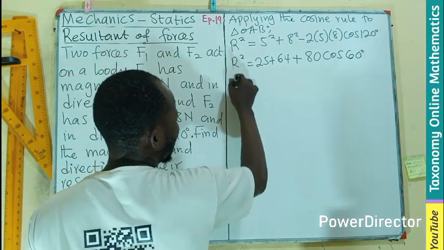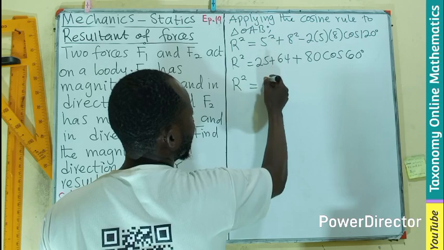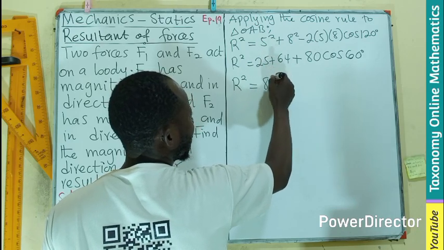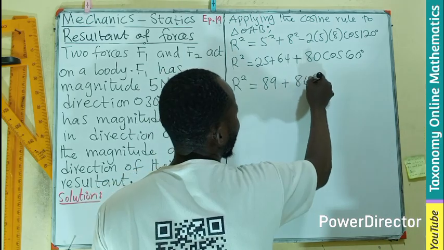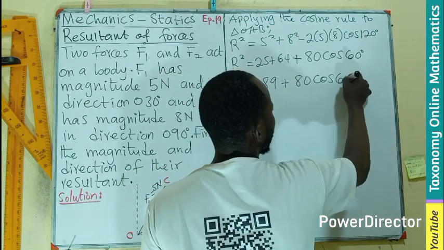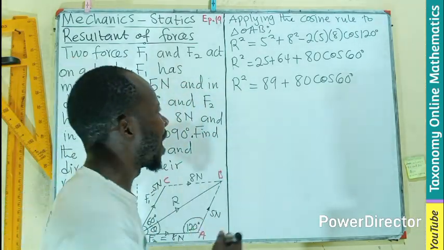So I should be having R squared equals 89 plus 80 cos 60, and cos 60 will be half.